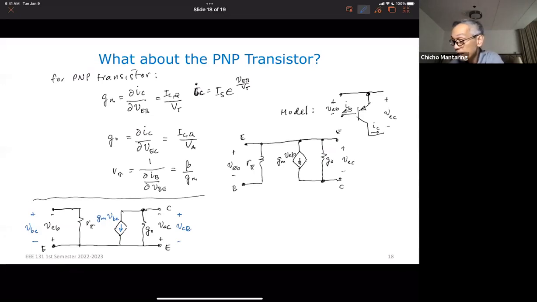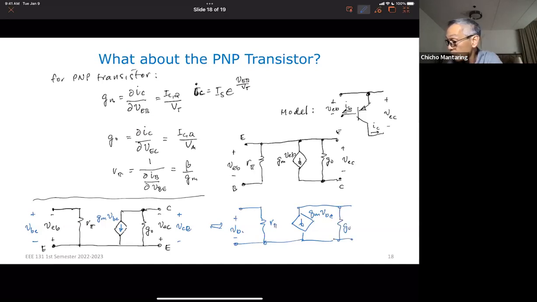Now, what did you notice? Okay. Finally, my model looks like this, no? R pi plus minus VBE. This is GM VBE. This is G sub O. This is VCE.